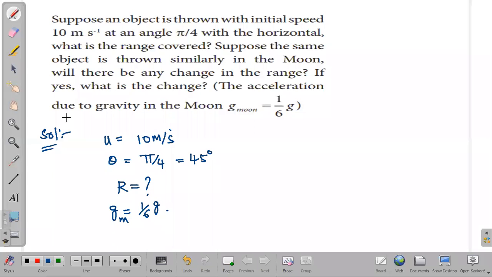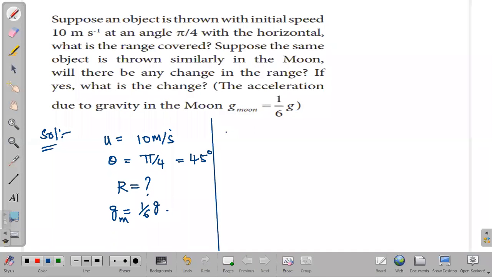Now, I'll try to solve it here itself. I will write the formula of it. What is the formula of R? For R, we have U square sine 2 theta by G, no?